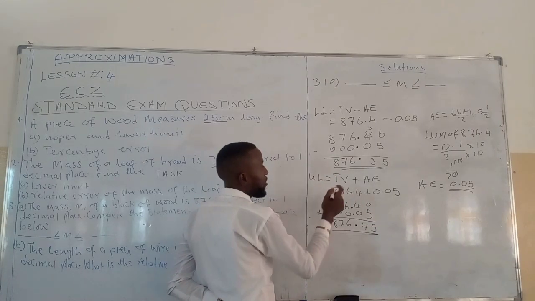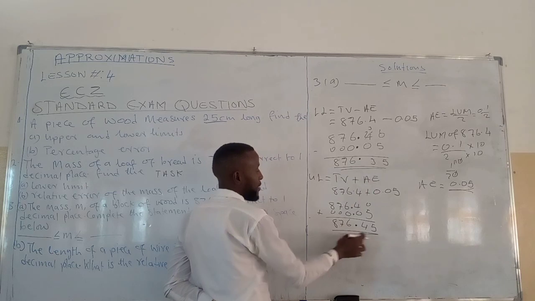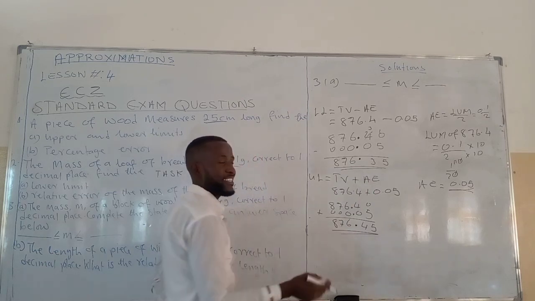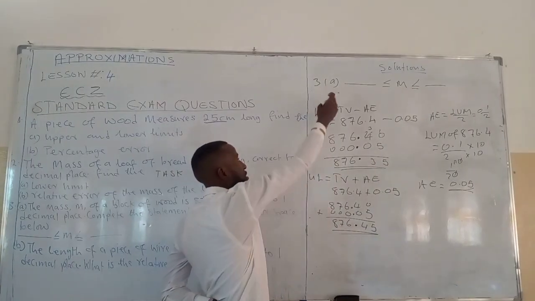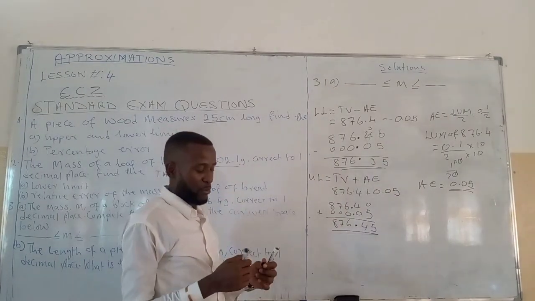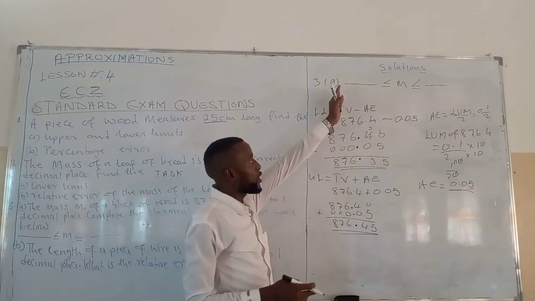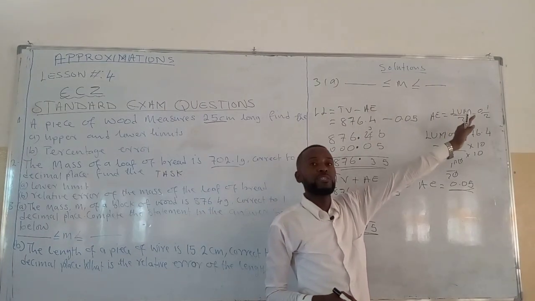So now the lower limit is this one and the upper limit is this one. The only thing to do now is to replace these into the blank spaces provided for you. You start with the lower limit, then the upper limit should be the last one.